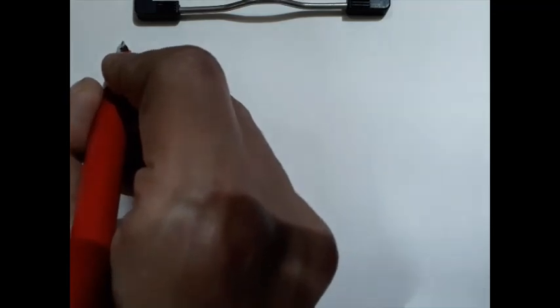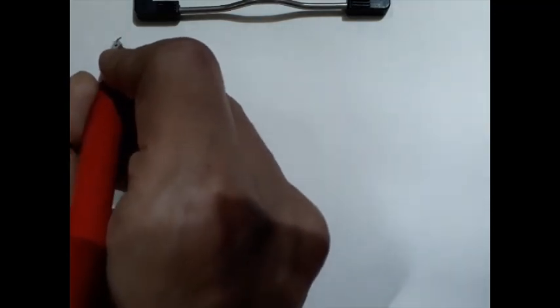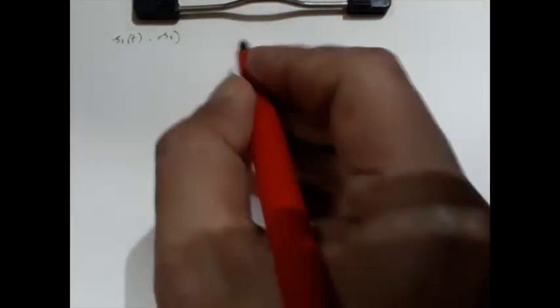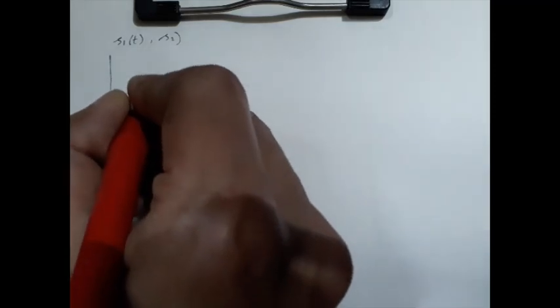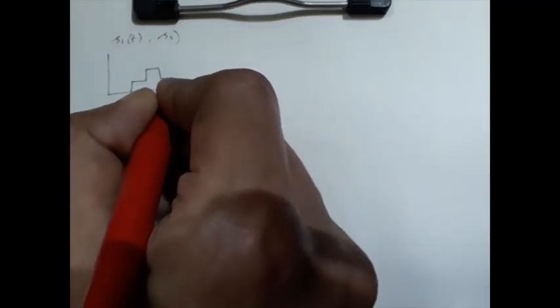Let us take one numerical problem, for a matched filter. Say we have two symbols, S1(t) and S2(t). S1(t) is given by this figure.